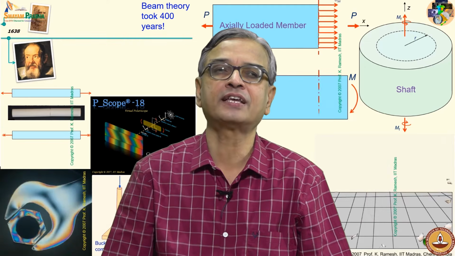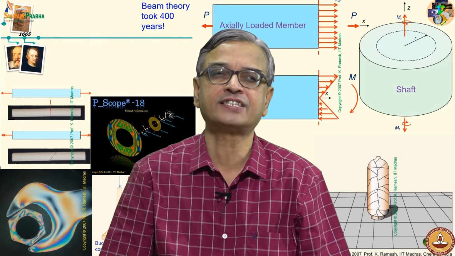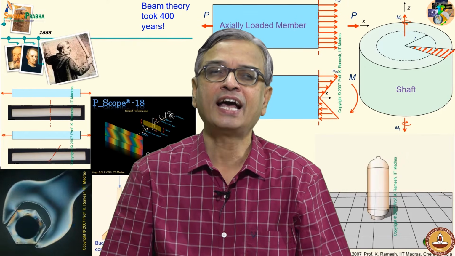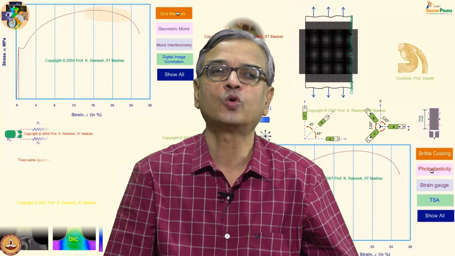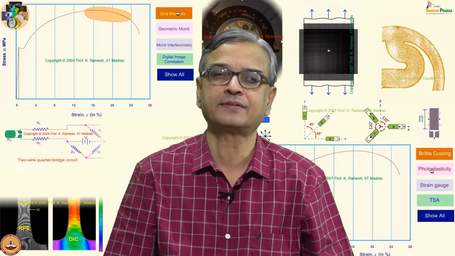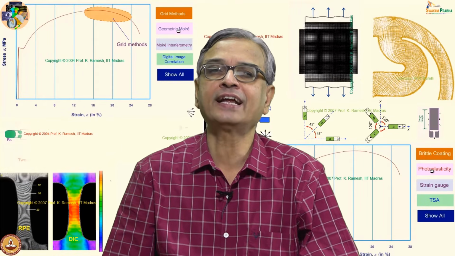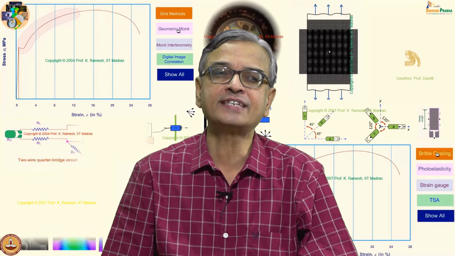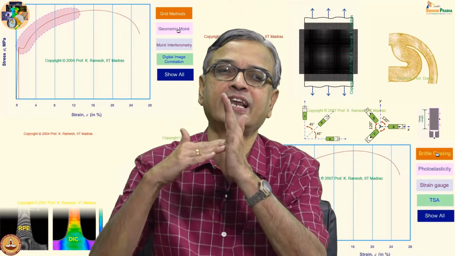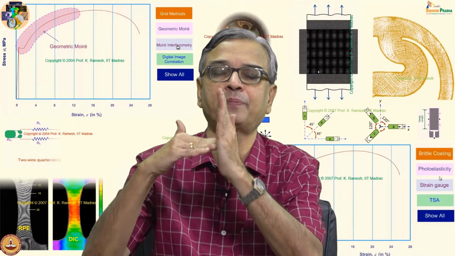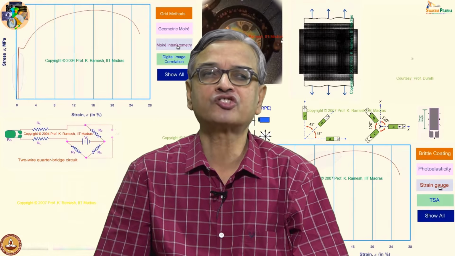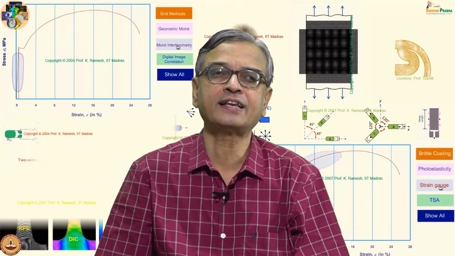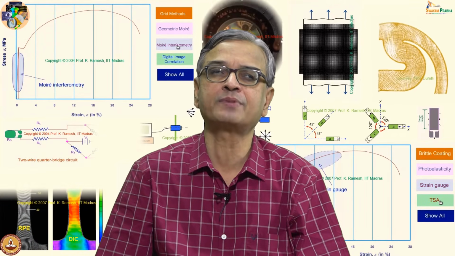Being an experimentalist, conscious effort is taken to include as many experimental results to reinforce the concepts better. Brittle coating is an elegant experimental method to establish that the principal stress directions are mutually perpendicular. Depending on the strain level, one has to select appropriate methods for strain measurement.